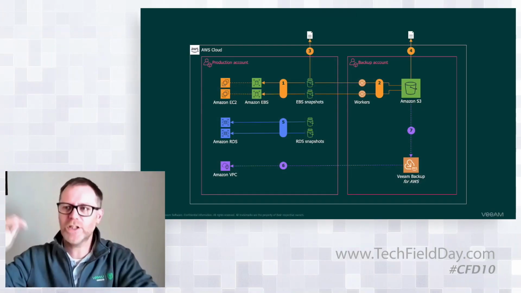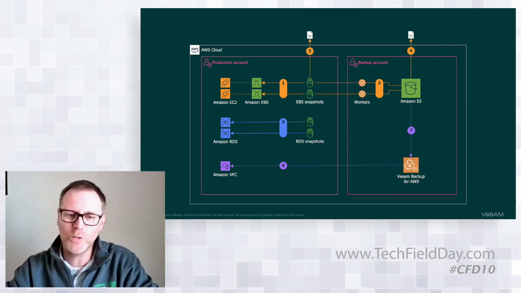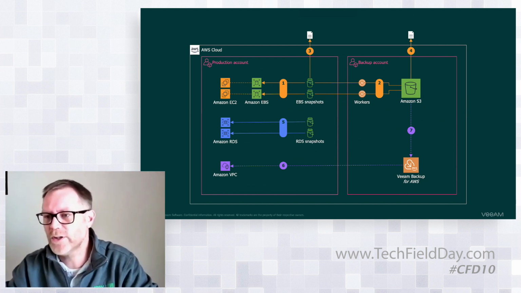And we can even restore entire VPCs or individual attributes in those VPCs, to the original or a new location, whether we're redeploying databases, EC2 instances, or just picking VPC attributes to restore somewhere else. So if you've accidentally deleted a big security group and can't remember the rules, you can easily go in and recover just that security group.